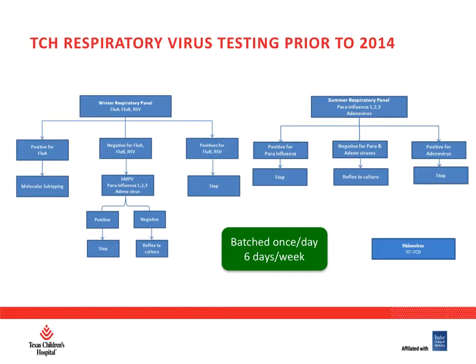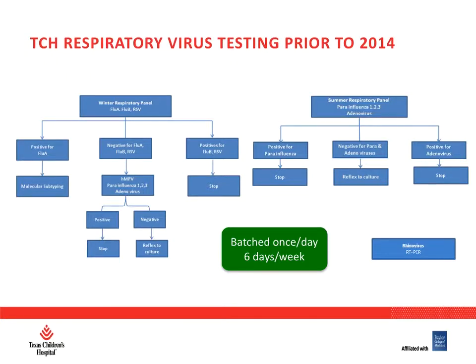If it was positive for flu A, we would go ahead and do molecular subtyping. We had a homebrew lab-developed test for flu A subtyping. If it was positive for either flu B or RSV, then we would stop. We would be done. So during the winter, when we expect to see mostly flu and RSV, if one of those is positive, then we stop there.